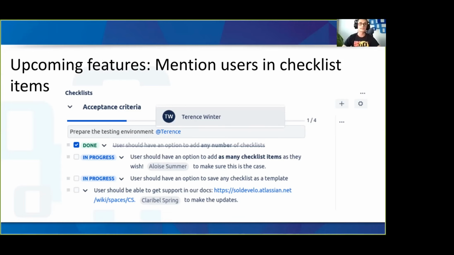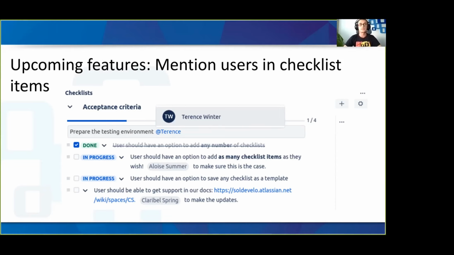The first of the features that we are strongly considering is the ability to mention users directly in the checklist items. Such mentions, such assignments, would work the same as they work for Jira comments, for example, or for Confluence comments.